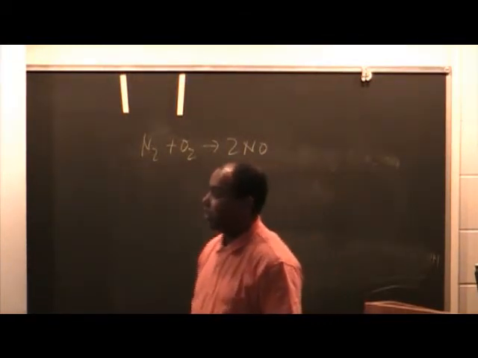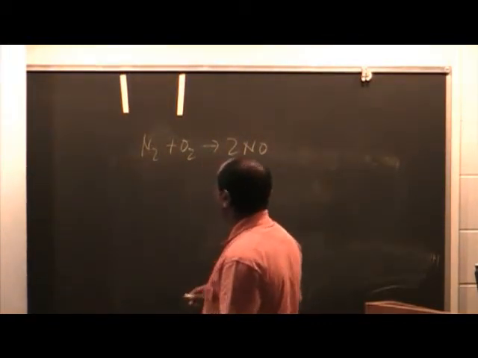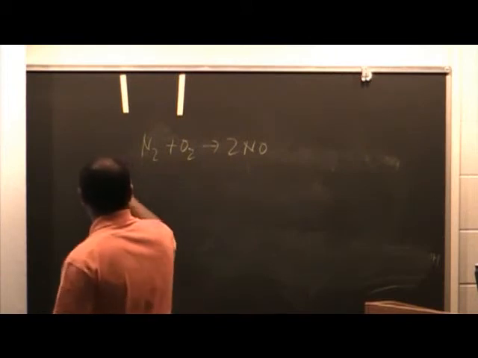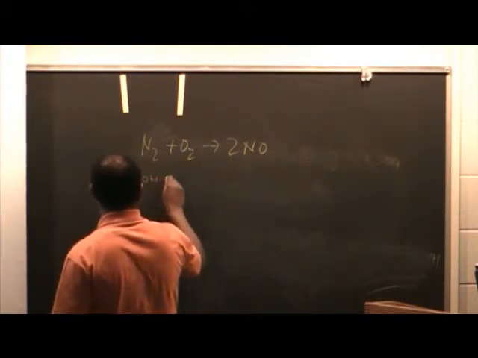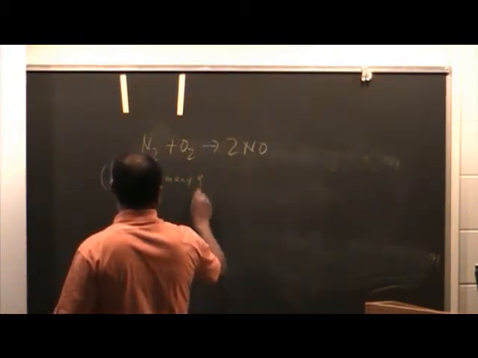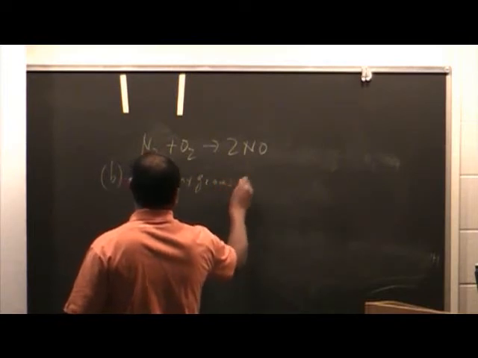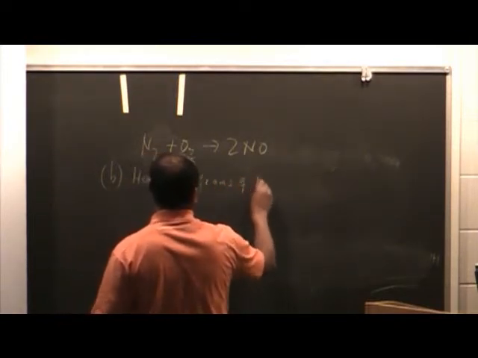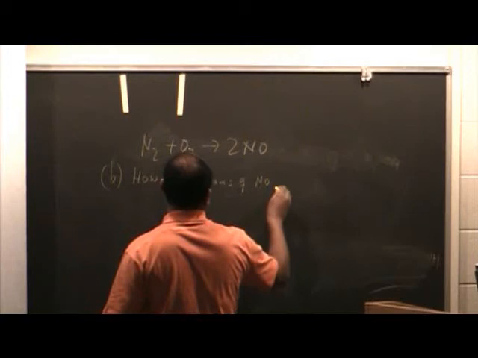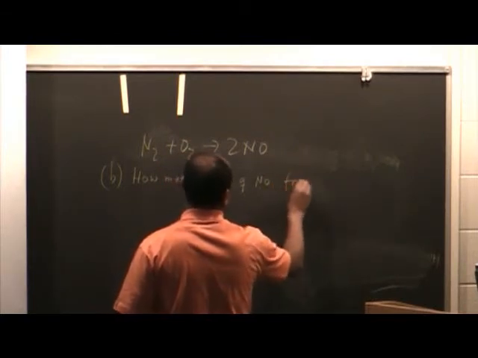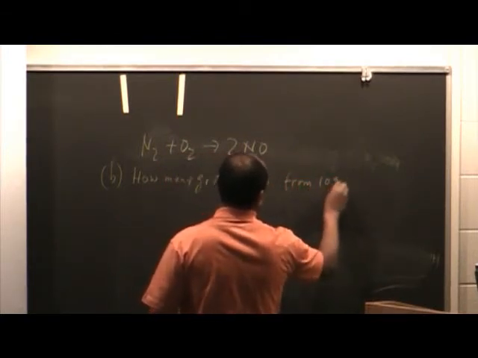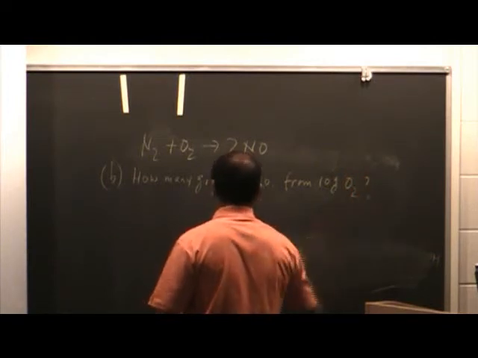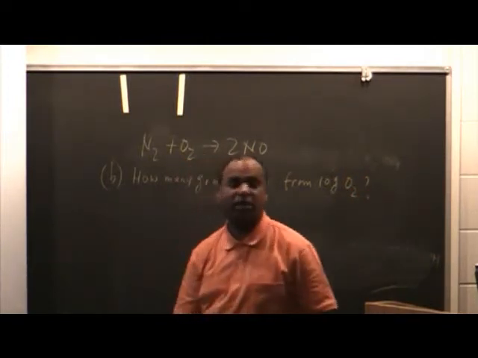Now, what was the question? The question says, how many grams of NO from 10 grams of oxygen? How many grams of NO do we get from 10 grams of oxygen?